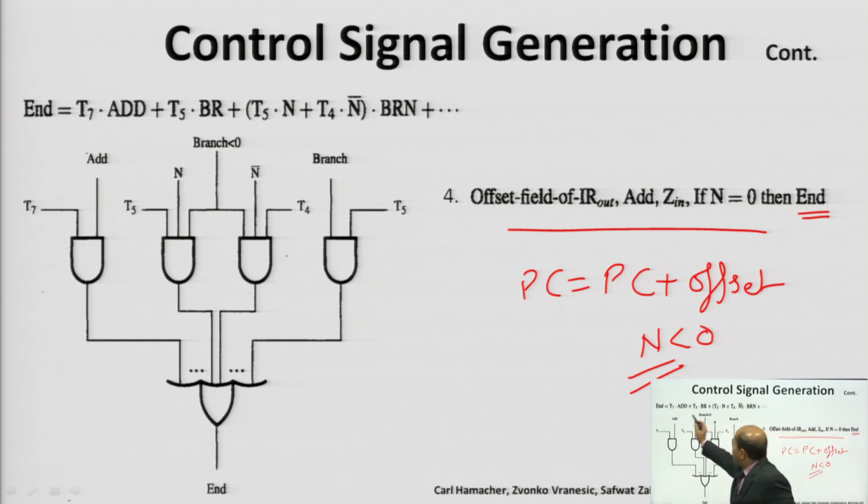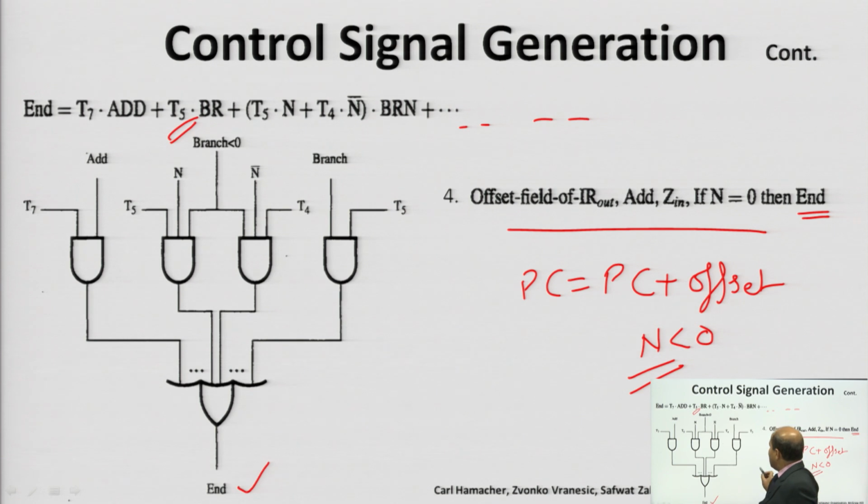So, this way we can understand the architecture for the End signal. T7, the 7th step, was used for generating the End signal, and the 5th step in case of unconditional branch, and in case of conditional branch T5 dot End plus T4 dot End complement, and so on.